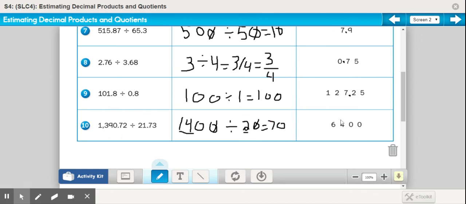So 64 is close to 70, so that would be correct.